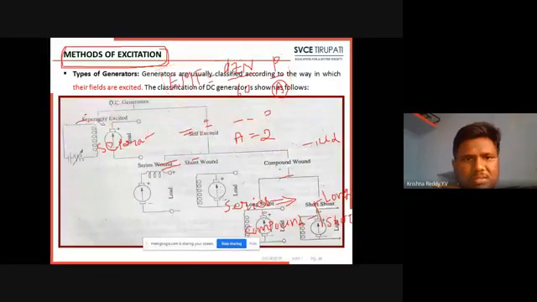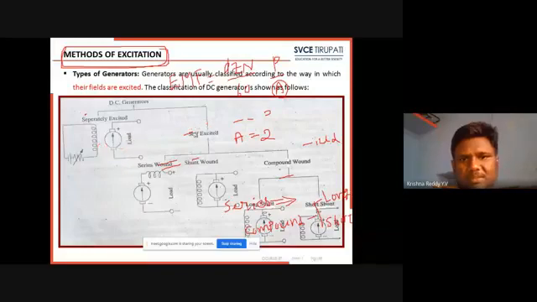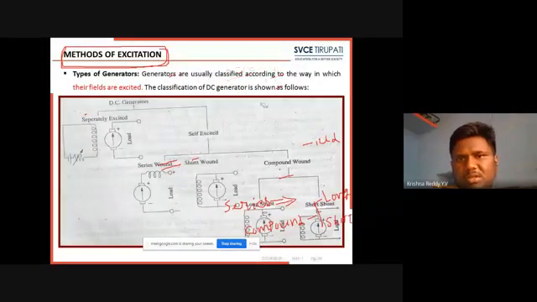So, one is separately excited, self-excited, and based upon field winding connection, series generator, shunt generator, and compound generator. Again, compound generator is classified into long shunt and short shunt. This is how we classify DC generators based upon methods of excitation.